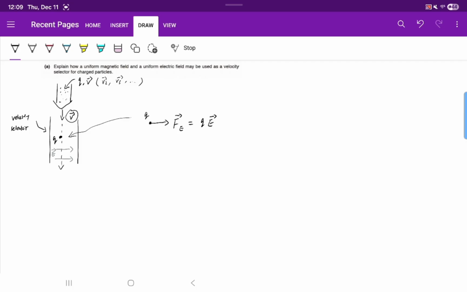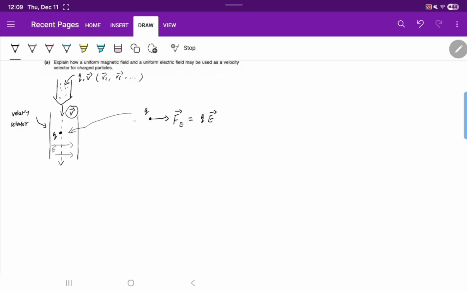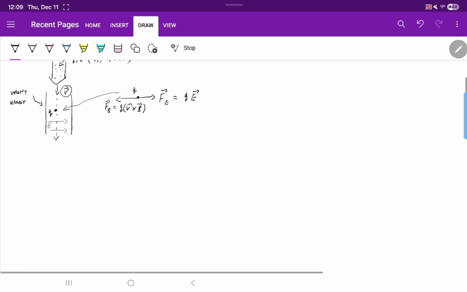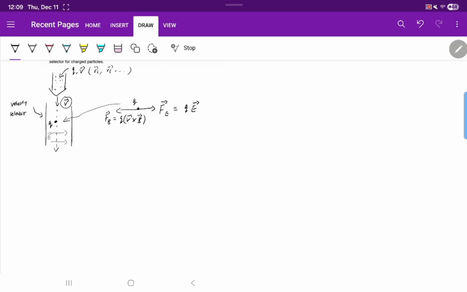The next question is how do we orient the direction of the uniform magnetic field so that the magnetic force will be pulling to the left side?